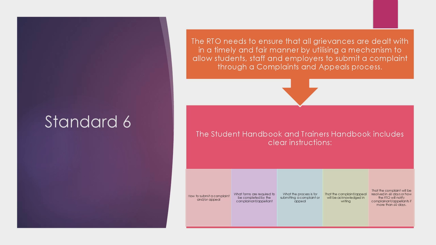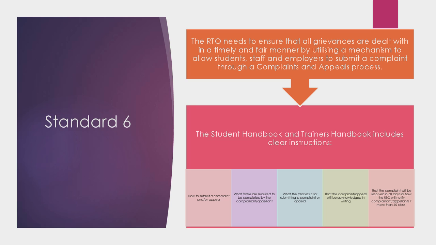So Standard 6 is that the RTO needs to ensure that all grievances are dealt with in a timely and fair manner by utilising a mechanism to allow students, staff and employers to submit a complaint through a complaints and appeals process. In the student handbook and the trainer's handbooks, there are clear instructions on how the student can submit a complaint to the RTO.